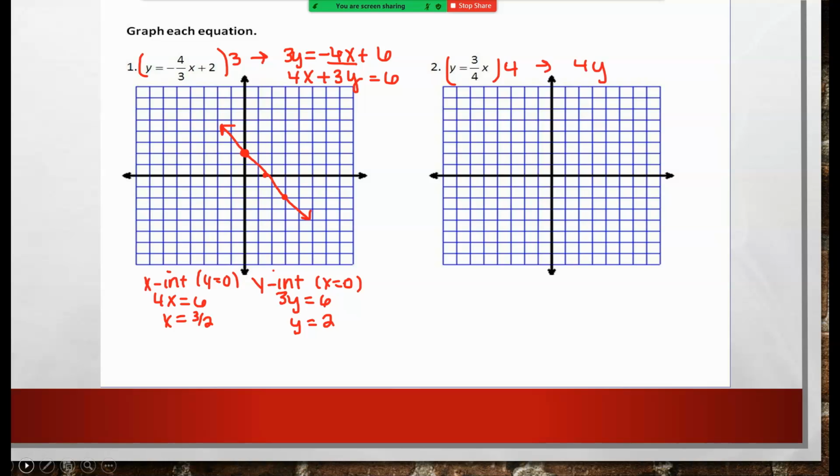So you get 4y equals 3x. And then we would say that 0 is equal to 3x plus 4y. And we know that this is symmetric, so that's the same as 3x plus 4y equals 0. And then we'll find our x-intercept and my y-intercept.